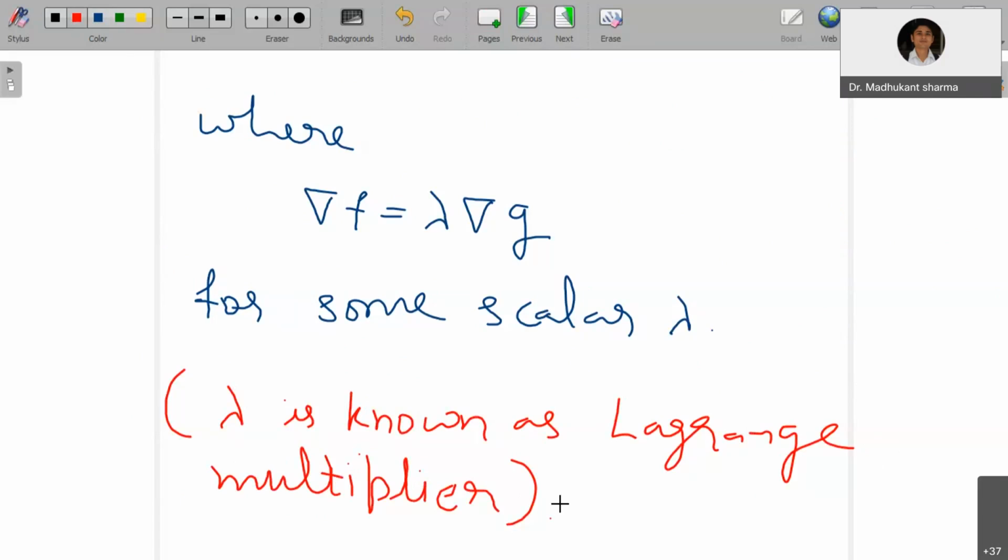Okay, right. Now, one other observation I want to mention here. I can say this is an observation, and I think it is easy to follow when you have already seen that gradient f is normal to the level curve at a point P naught, which lies on the curve.